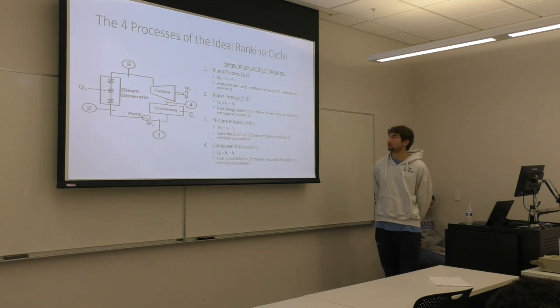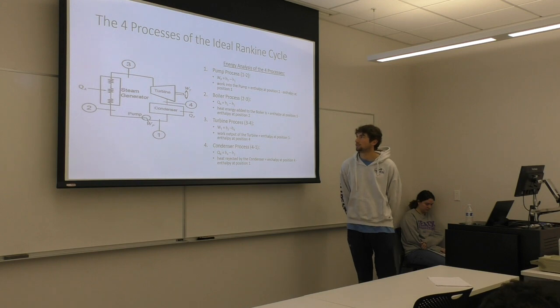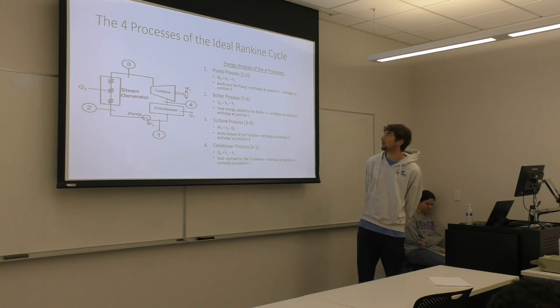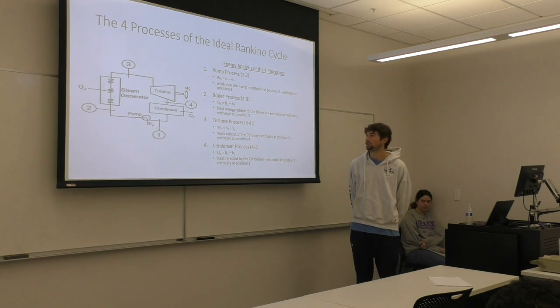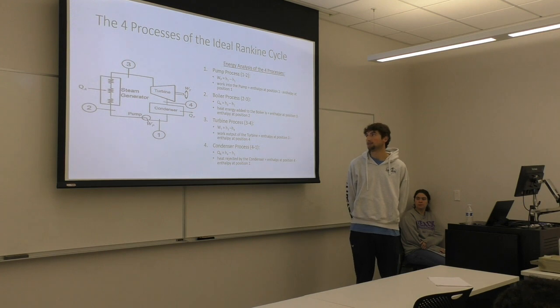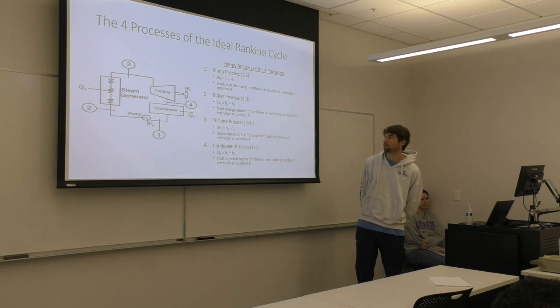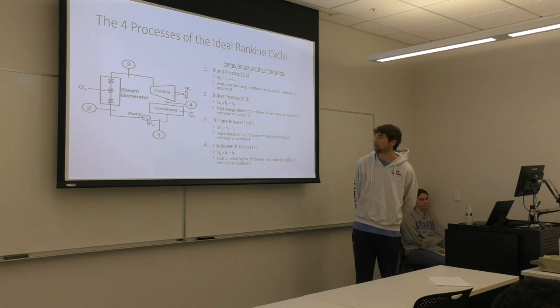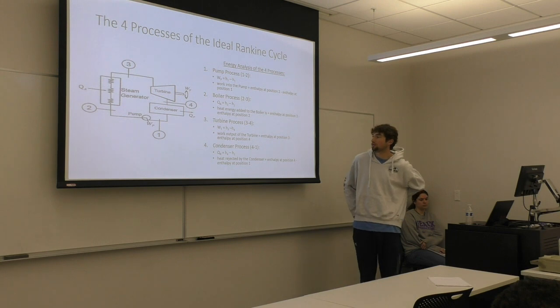Here's an energy analysis of those 4 processes. For the pump process, the work is equal to the enthalpy at position 2 minus position 1. For the boiler, the heat energy added is equal to enthalpy at position 3 minus 2. For the turbine, the work output is equal to enthalpy of 3 minus 4.